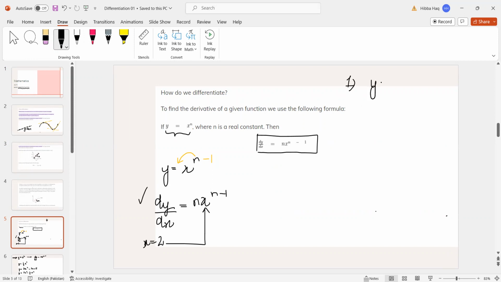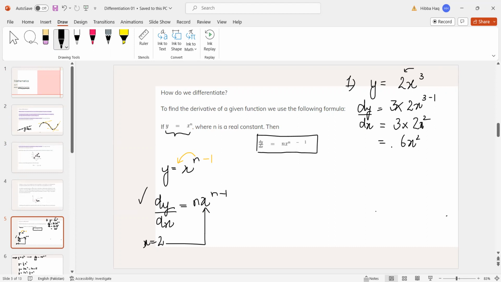So if you have y equals 2x cubed, when you're finding the differential of it, you have to multiply by 3 here. So 3 into 2x comes as it is, and 3 minus 1. You're going to subtract 1 from the power. This gives you 3 into 2x squared, which can be written as 6x squared.